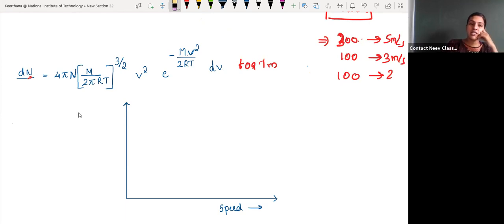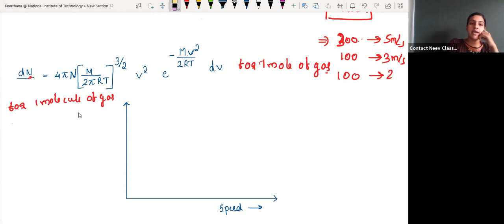So this is the function dn is equal to 4 pi N, (M by 2 pi RT) raised to 3 by 2, v square, e raised to minus M v square by 2 RT, into dv. This equation is for 1 mole of gas. You can change this equation for 1 molecule of gas by changing the capital M into small m, and R into k.